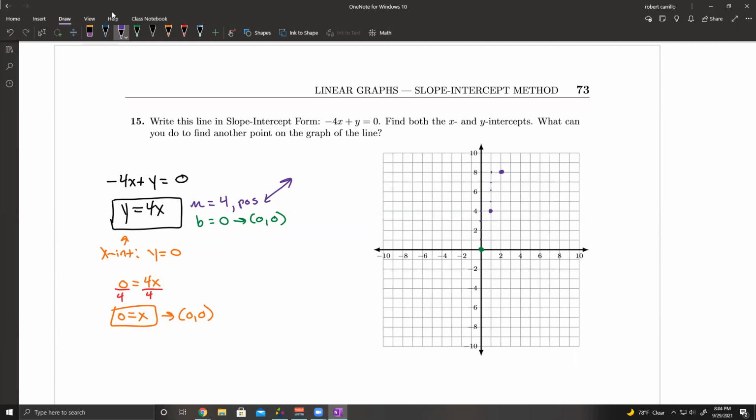And then I'll go backwards. Down 4 from the y-intercept, left 1. Down 4, left 1. And there we go. So another way to find points is to use the slope.